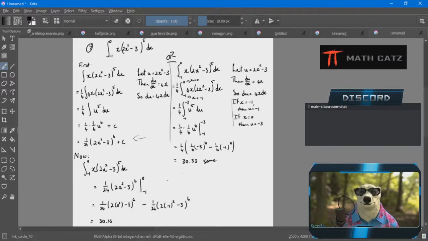So it's always your choice. Which one do you want to go with? Unless the question specifically says rewrite it completely in terms of u. If you just have to solve it, you can choose how to approach that.